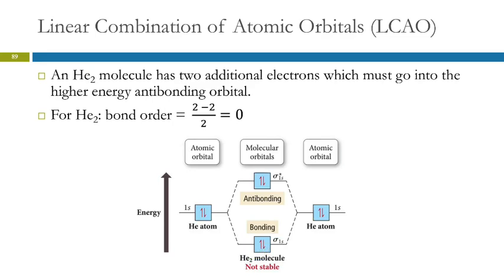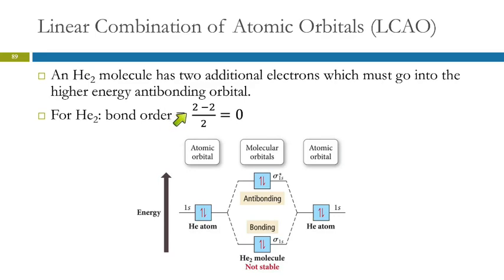For this molecule, we have 1, 2, 3, 4 electrons. So when we put them in, we go 1, 2, 3, 4. So for this one, those two molecular orbitals are both full. Now calculate the bond order.